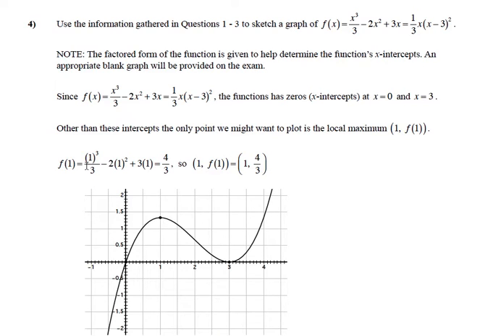And when we substitute that into our function, we find a function value of 4/3. So 1 cubed over 3 minus 2 plus 3, that's 4/3, or 1 1/3, 1.666, not terminating. And so there's that point.